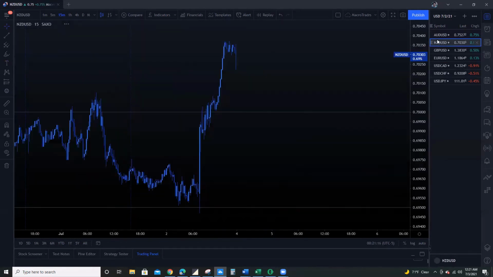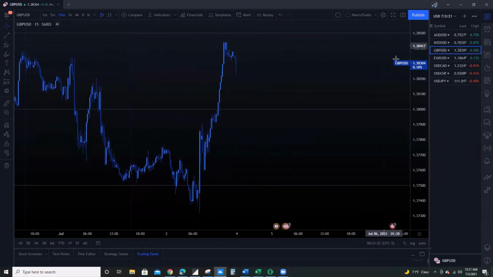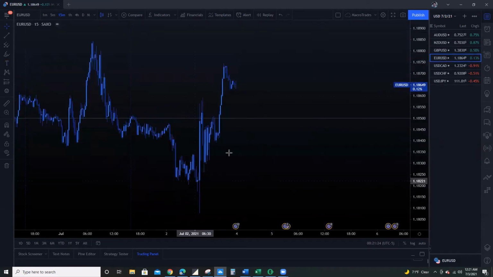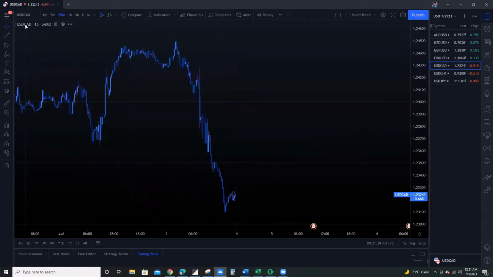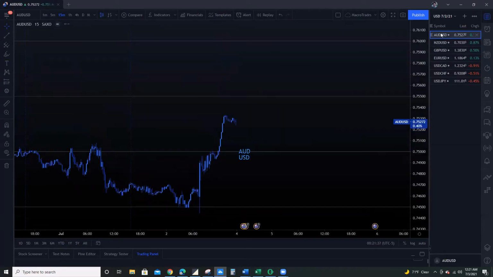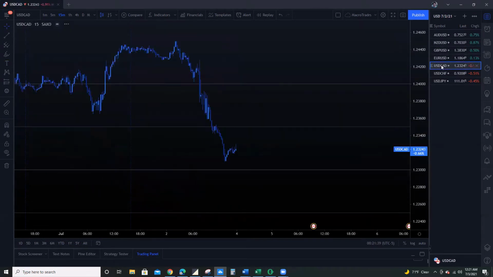When I look at these, New Zealand versus US dollar is basically the same chart. GBP, basically the same chart. Euro, not as strong. US dollar is quoted first versus Canadian dollar, so it's going to be inverse. Canadian dollar, another commodity currency, is basically the inverse of this. Oil is tied to Canadian dollar, really good.